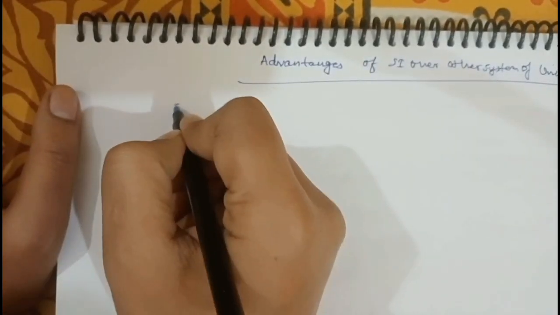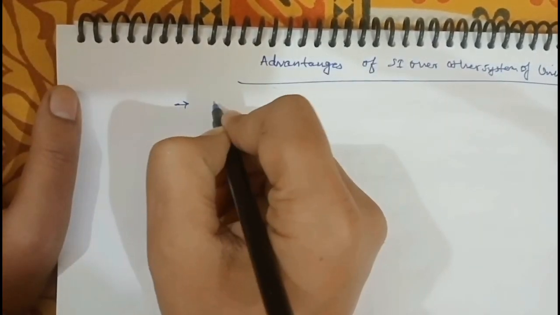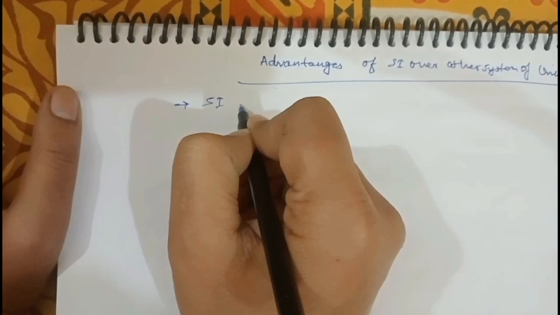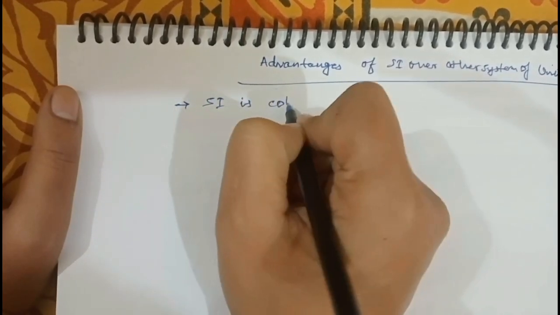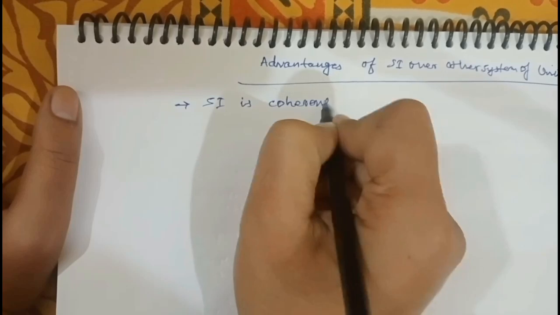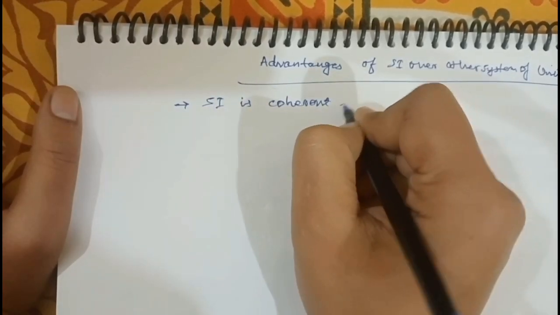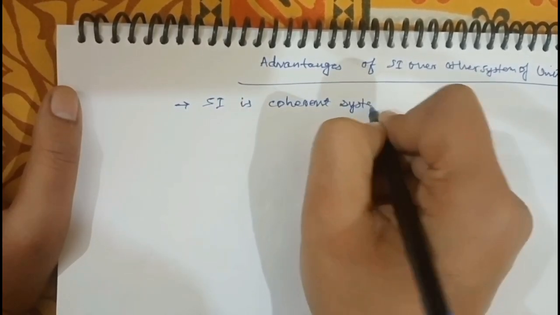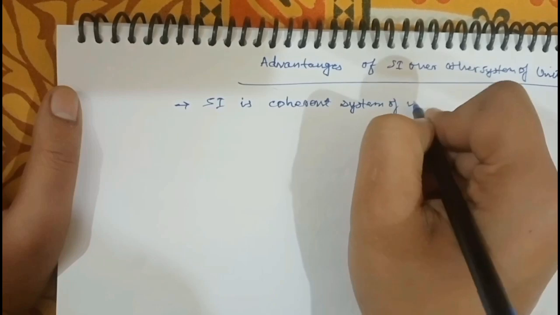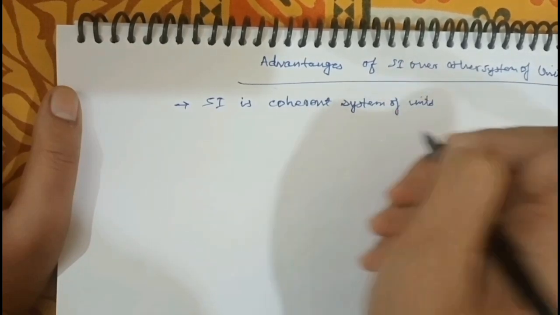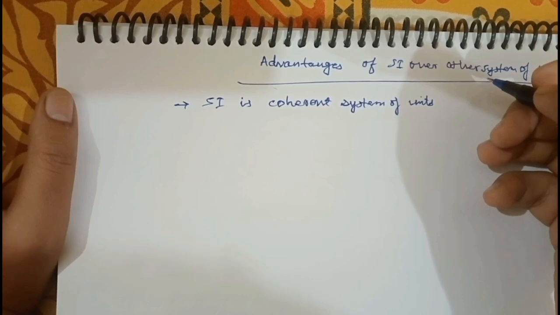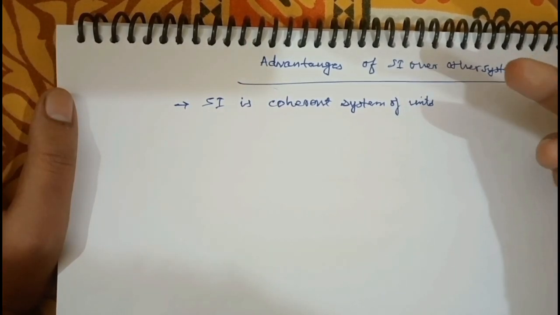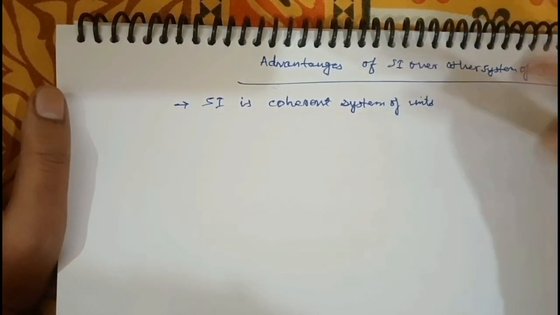The first advantage is SI is coherent. You must remember it. Coherent system of units means it can be obtained by simple multiplication or division of fundamental units without introducing any numerical factor.